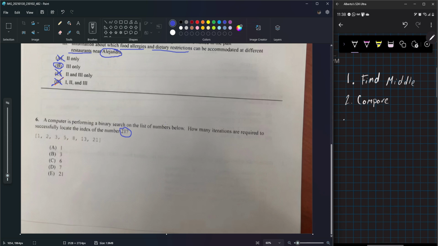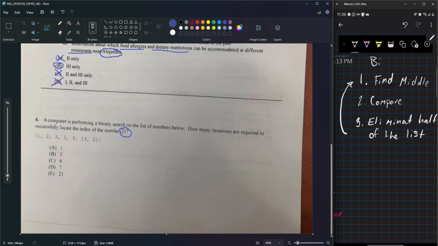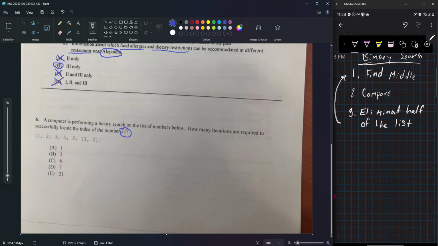And then the third one is to eliminate half of the list. And then you repeat. Those are the steps for binary search.